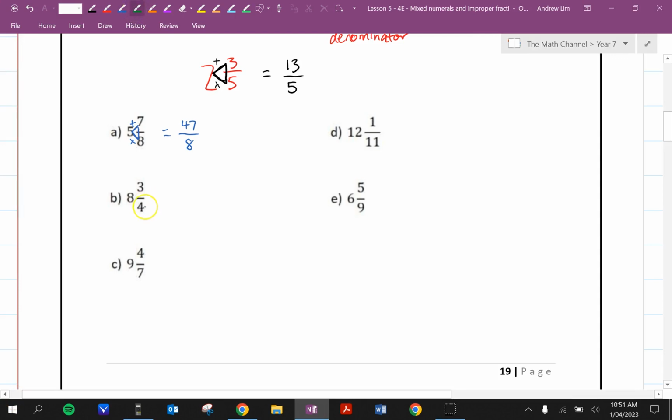Alright, question B. Times, plus, over. 32 plus 3 is 35, over 4. Times, plus, over. 7 times 9 is 63, plus 4 is 67, over 7.